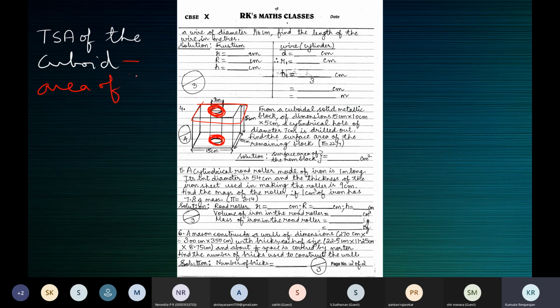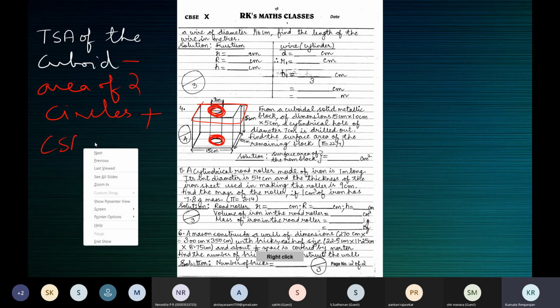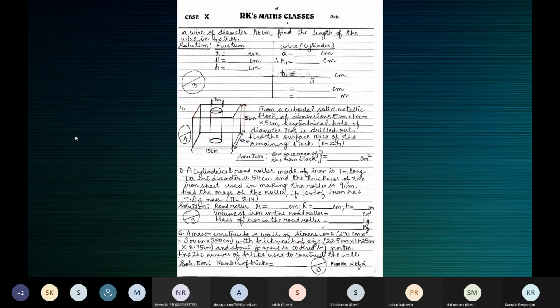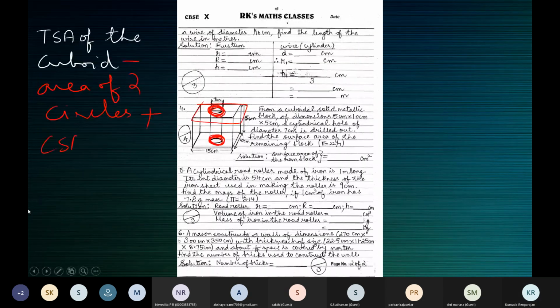From the TSA of the cuboid, if you take away the area of two circles, this is the actual net surface area of the cuboid. Plus the CSA of the cylinder.